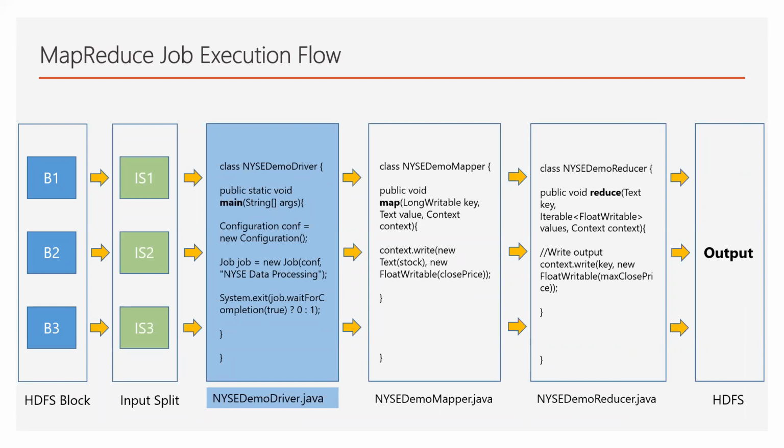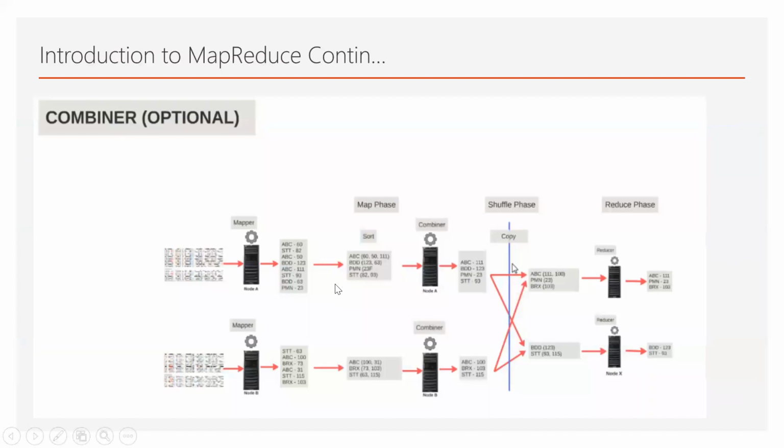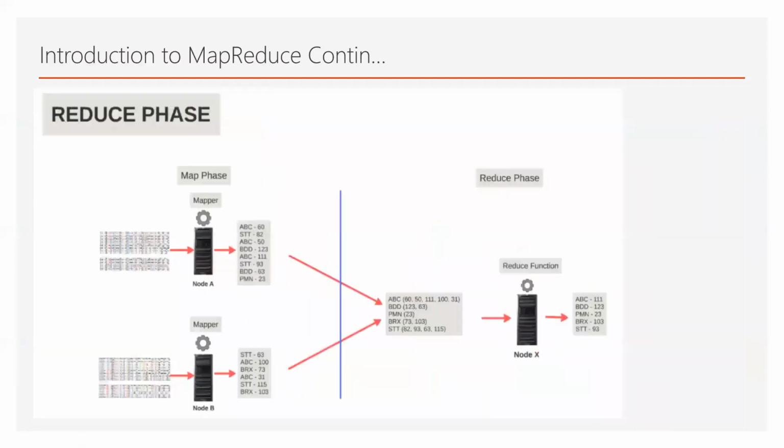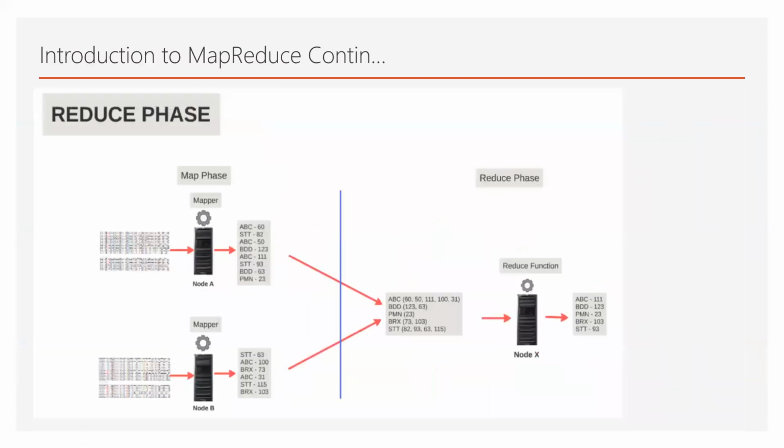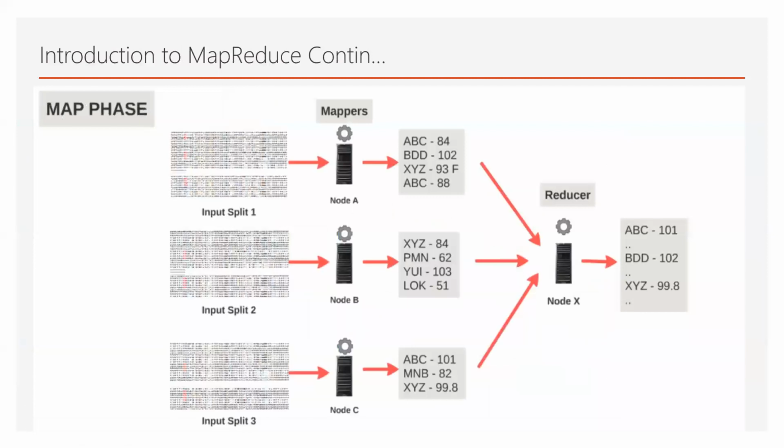First, I will walk you through the theoretical part of how MapReduce works, and then we'll see those two examples. If you are familiar with the theoretical part, I'll go on to the hands-on based on your inputs.